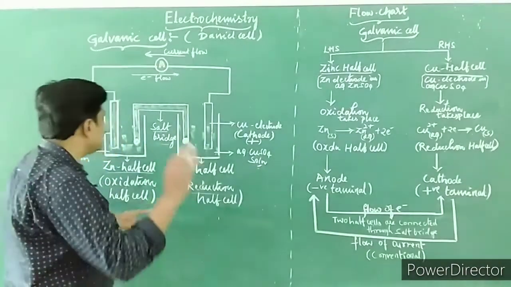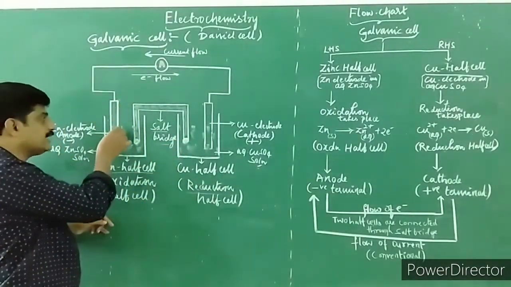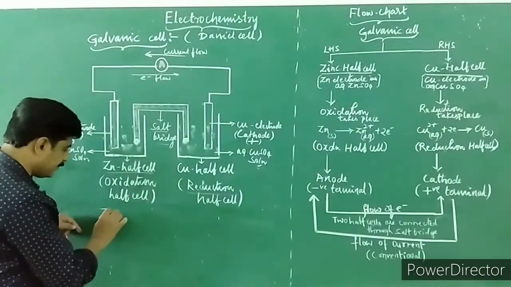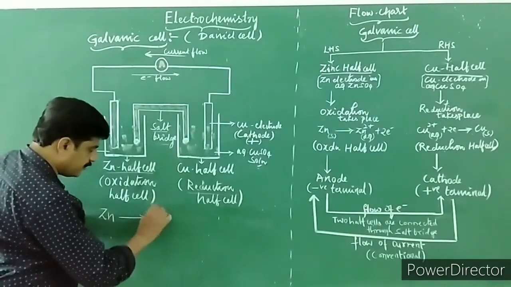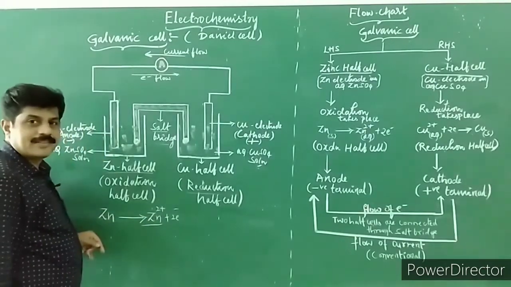Look at here, there are a number of zinc atoms ready to get oxidized present on the zinc electrode, and zinc atoms lose electrons and get oxidized to form Zn2+ ions.